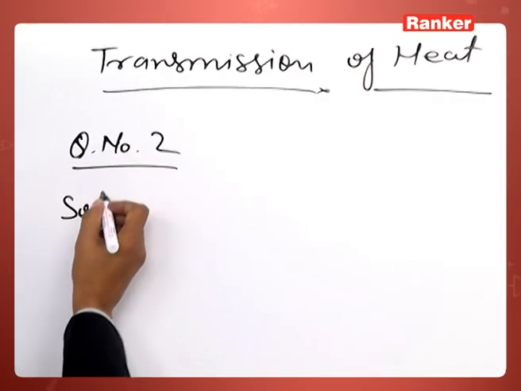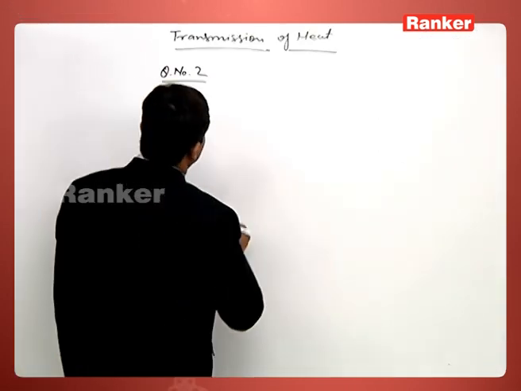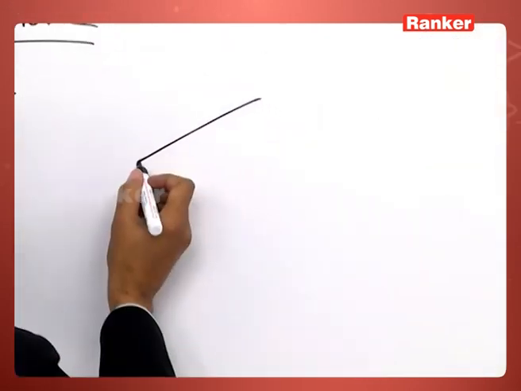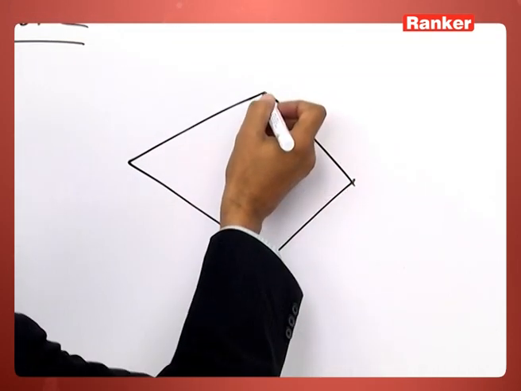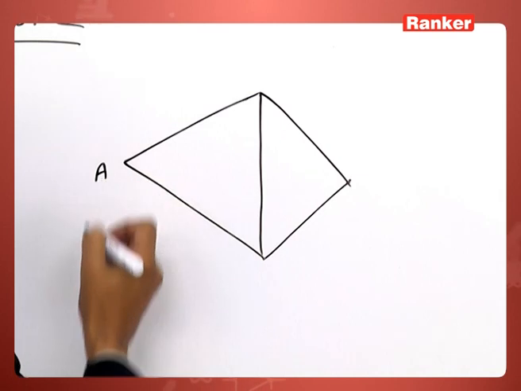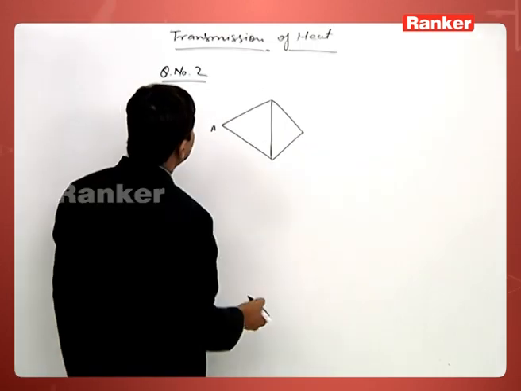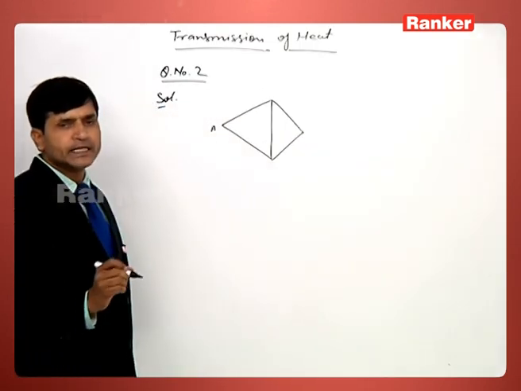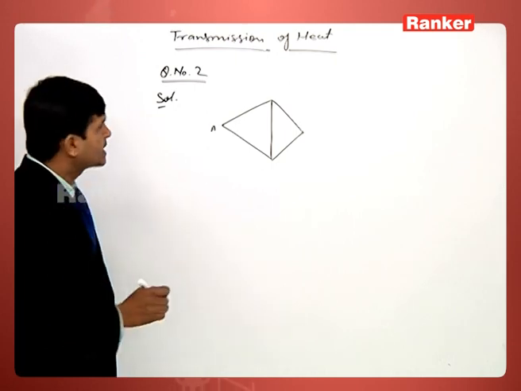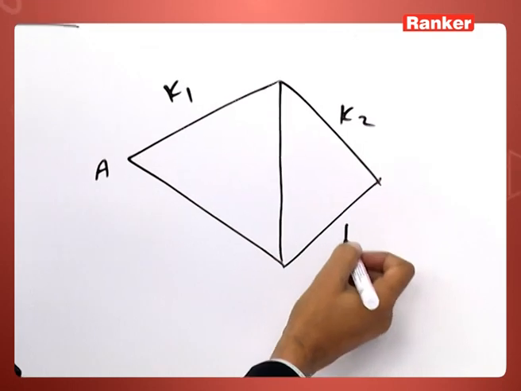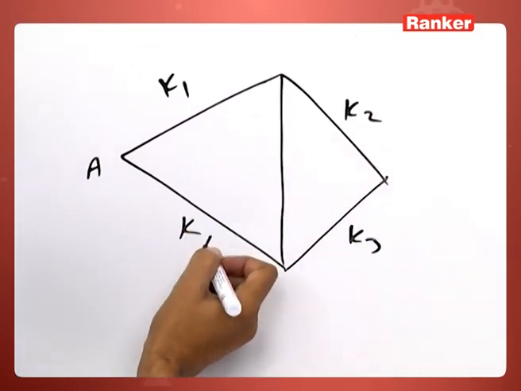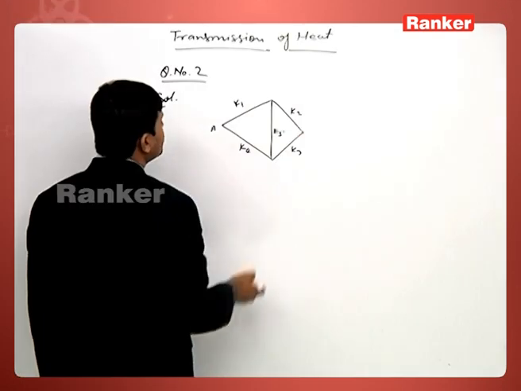As it is given, there are 5 rods. 1 rod, 2 rod, 3, 4 and 5th. These are the different points. What they are giving is that their dimensions are the same, but their thermal conductivities are different. This is K1, this is K2, this is K3, this is K4 and this is K5.